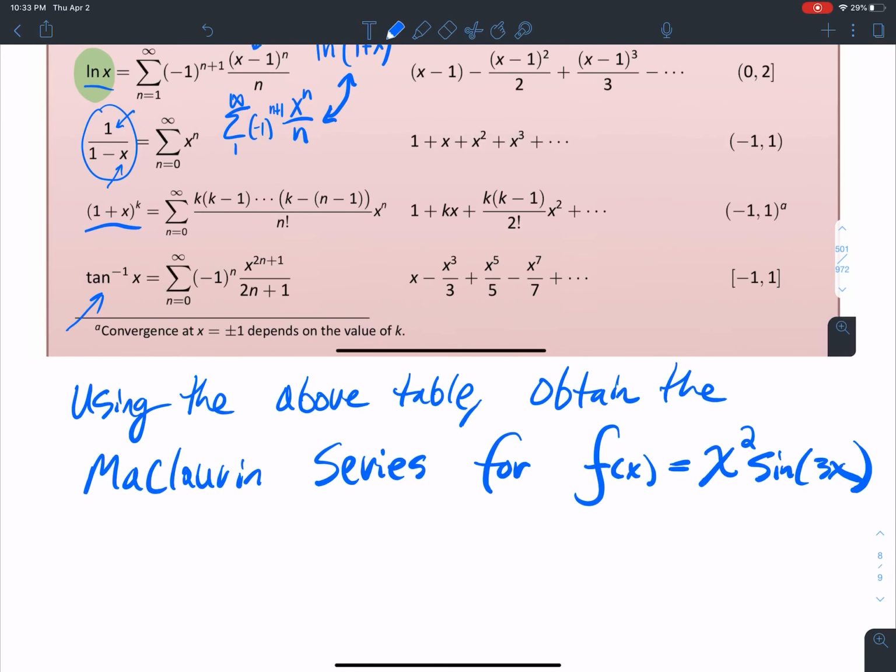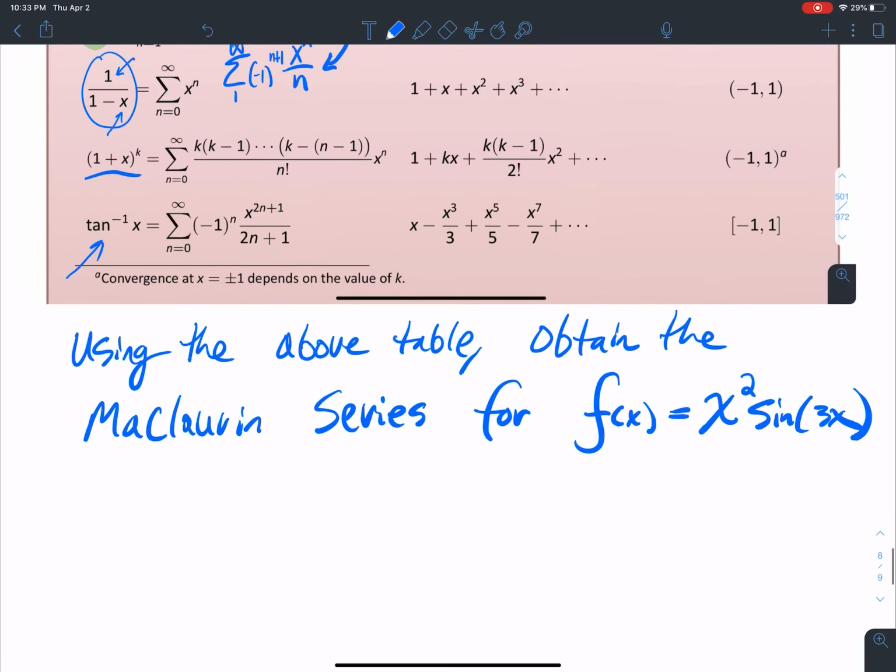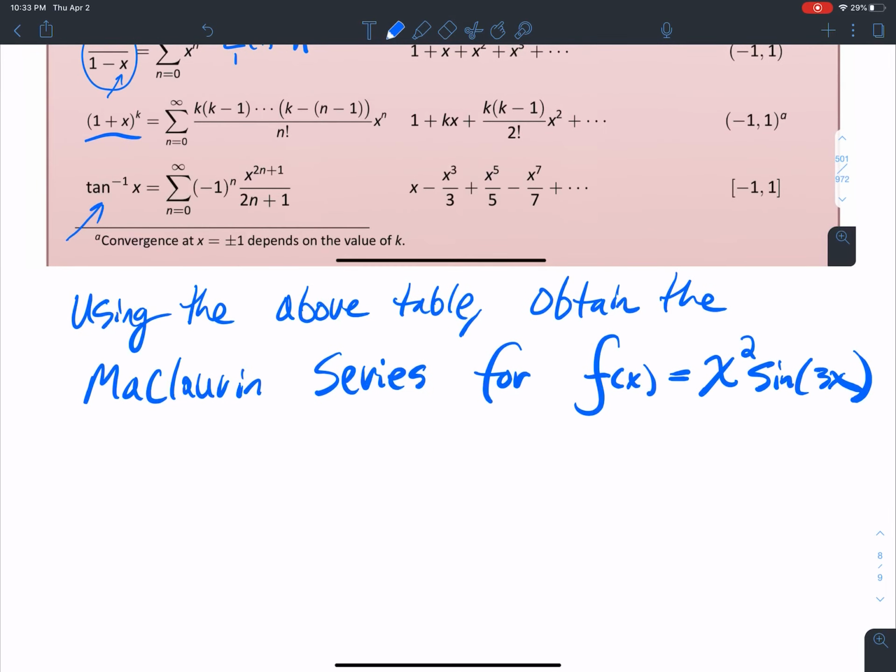Now, if you didn't use the above table, what you would have to do is just mathematically compute it out, which would be rather challenging because if you remember the definition, the sum from 0 to infinity of the nth derivative evaluated at 0 over n factorial x to the n. That's the Maclaurin series, right?